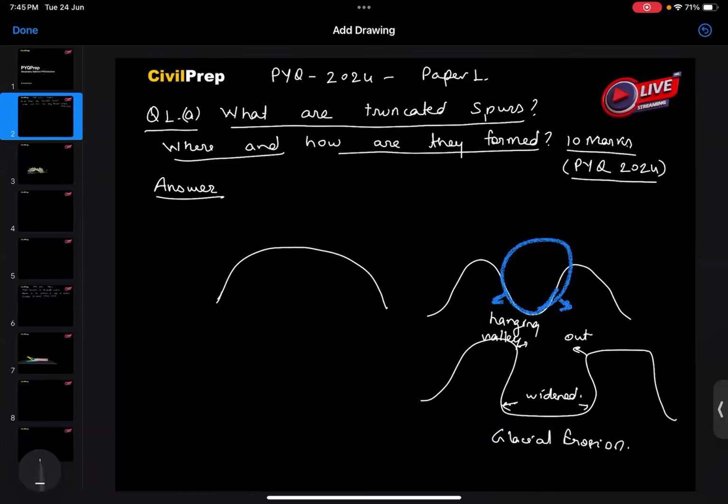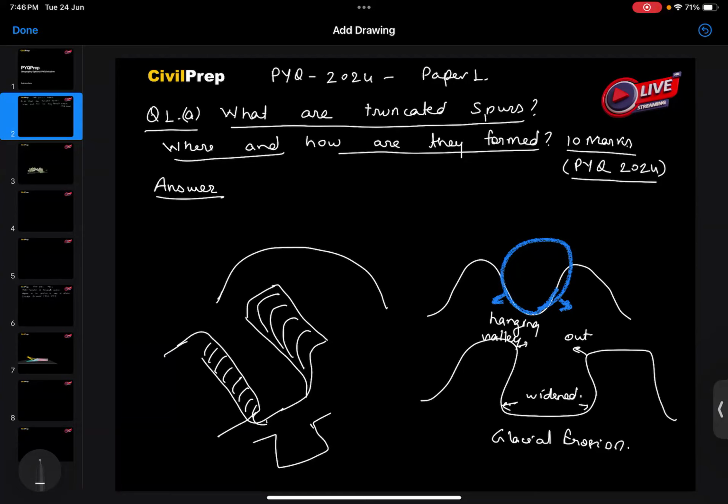If I draw the diagram here, it will look almost something like this. Here we see there is almost a hanging shape present in this particular valley.